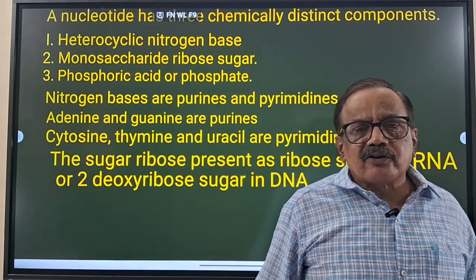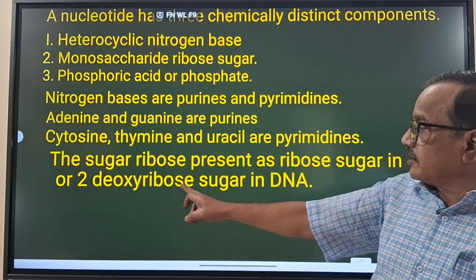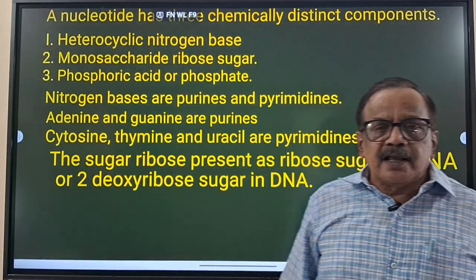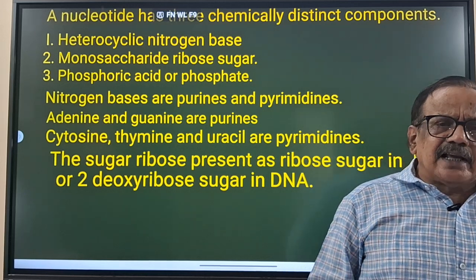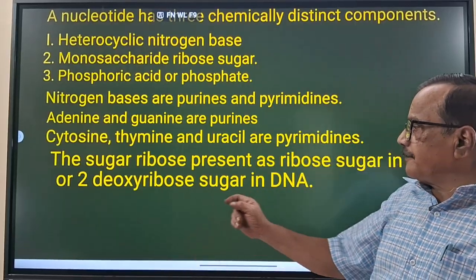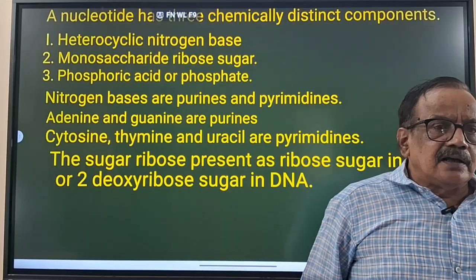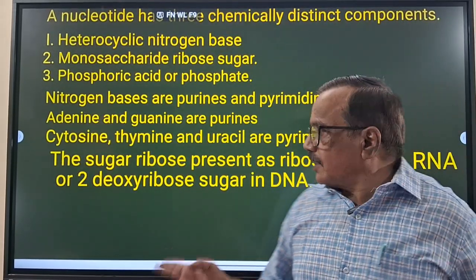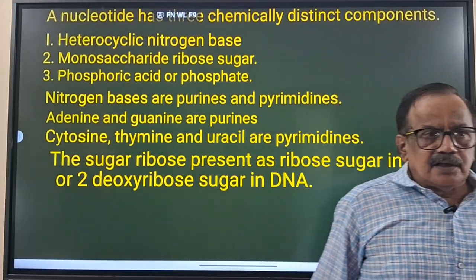So it is deoxy. We will see the second position hydroxyl group in detail in the molecular basis of inheritance. So DNA is deoxyribonucleic acid, and RNA is ribonucleic acid.